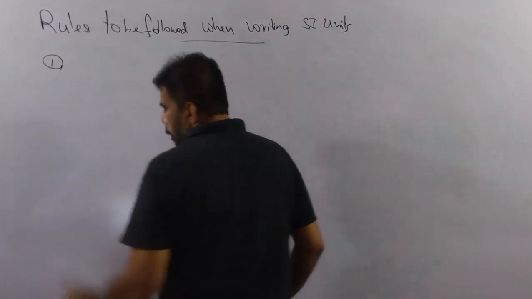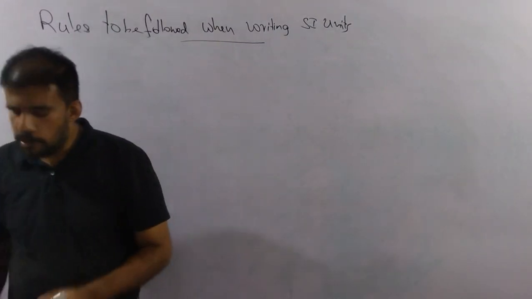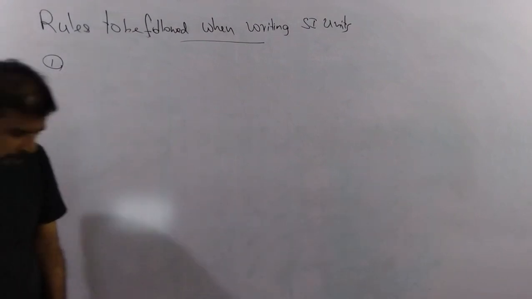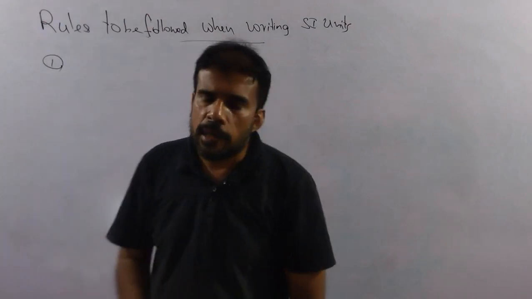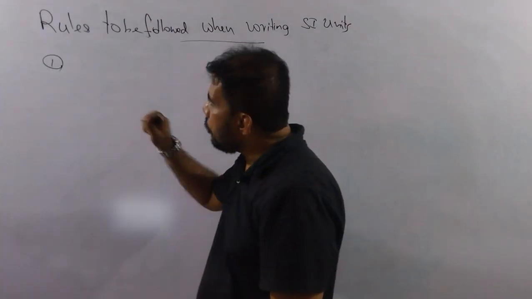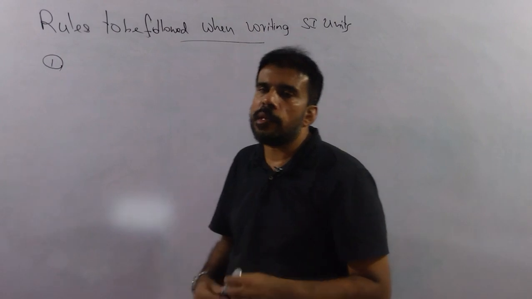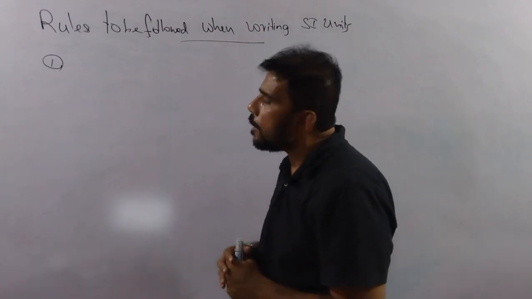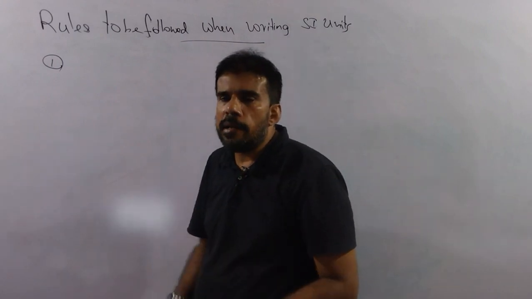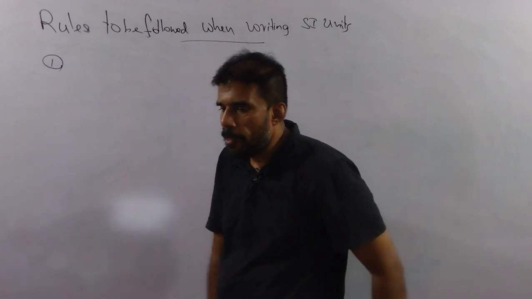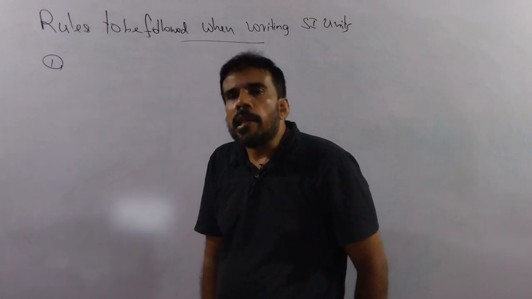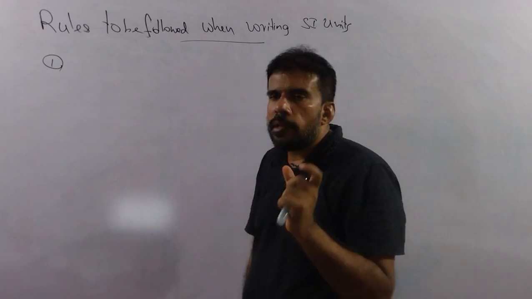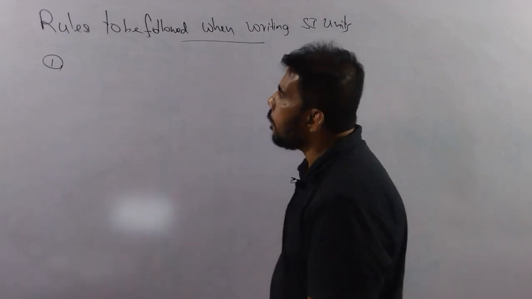First thing, I'll dictate. You can make a note on that. The first thing is, some units contain specific names, particularly scientists' names, and in that case, the unit name we have to write with small letters, simple letters like this.